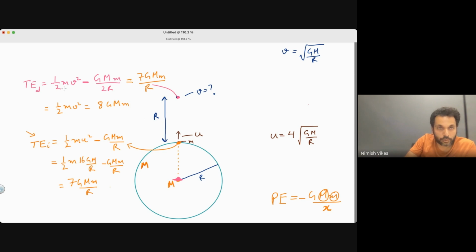Oh, sorry. So this is a 7. You take the LCM, it can become a 14 by 2R, right? And on the 14, if you add 1 to it, then it becomes a 15 GMm by 2R. Any doubt, guys?